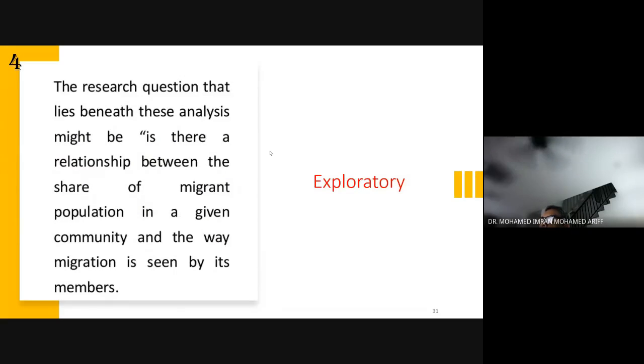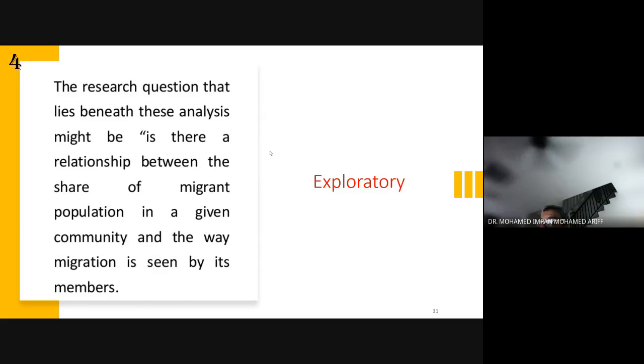Okay, exploratory research. The research question that lies beneath the analysis might be, is there any relationship between the share of migrant population in a given community and the way migration is seen by its members?